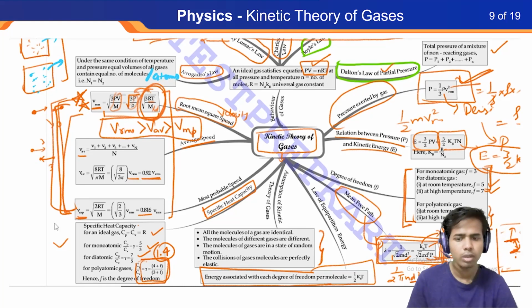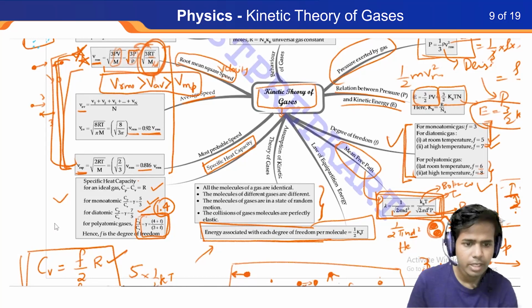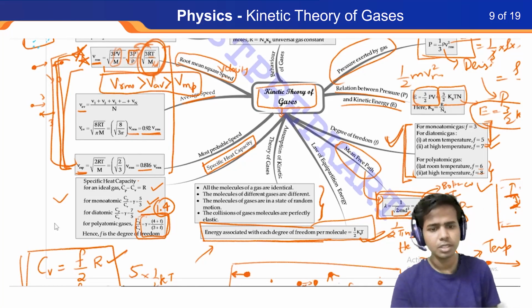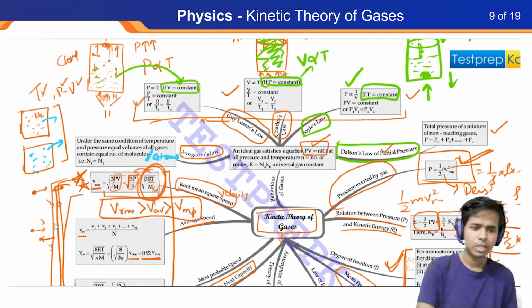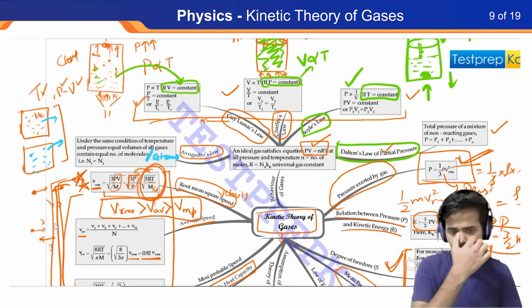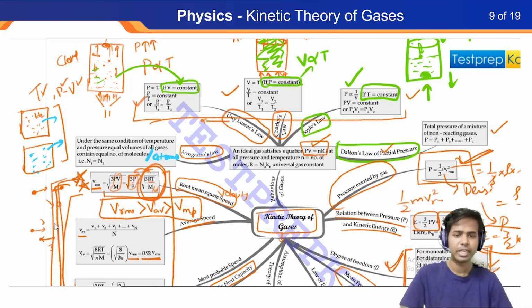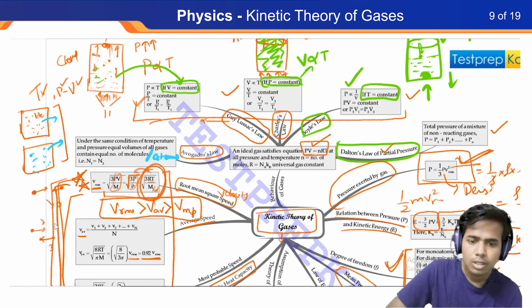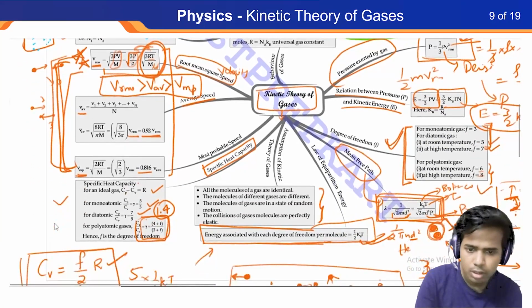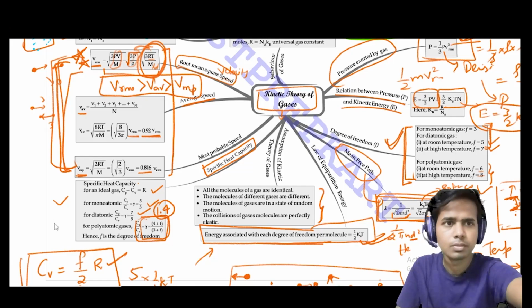You must remember all these three equations, and this one is very important, and this one. The rest of it you must go through, but it can be derived very quickly, so do not burden yourself with every bit of data that is possible. So that is all for this mind map, and thank you.